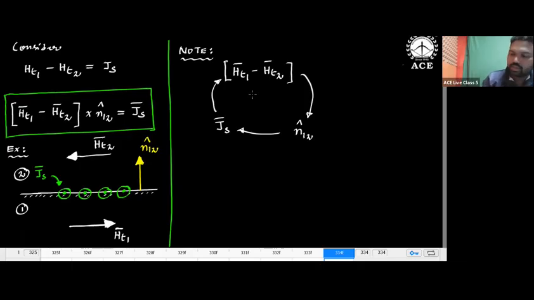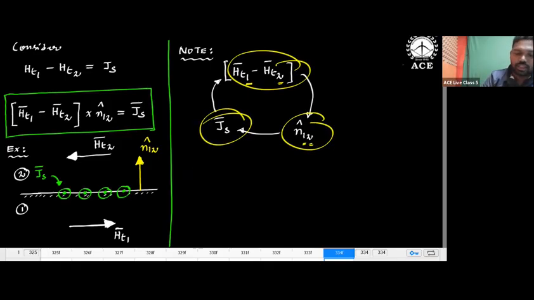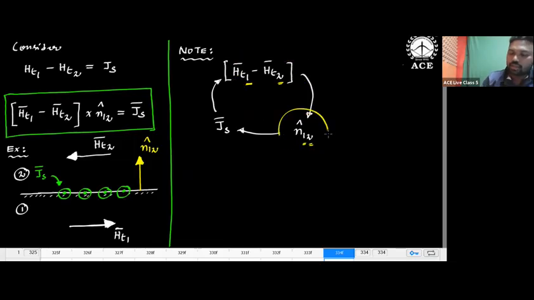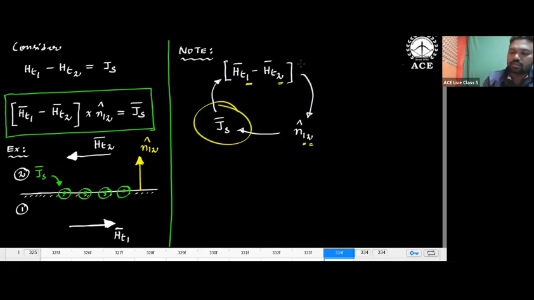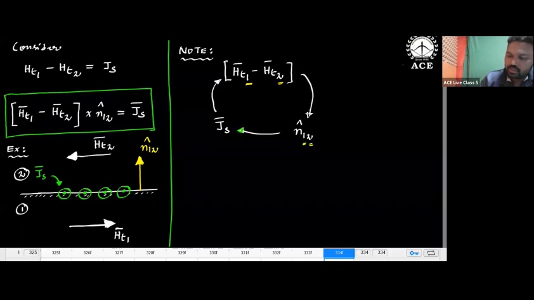Remember, you have to take one precaution while you are using this one. If I write 1, 2 here, here also you should write 1, 2. The cross product of these two will give this one. Not only that, beta. Cross product of these two will give this one. Not only that. Cross product of these two directions will give this one. That is the meaning of this orthogonal set, mutually perpendicular to each other.